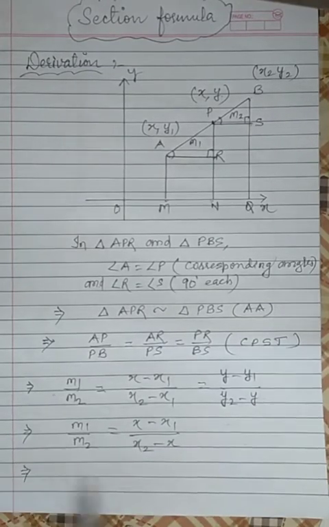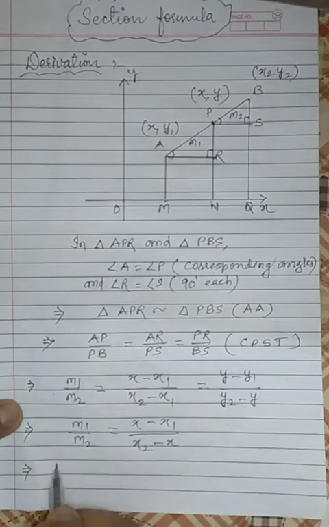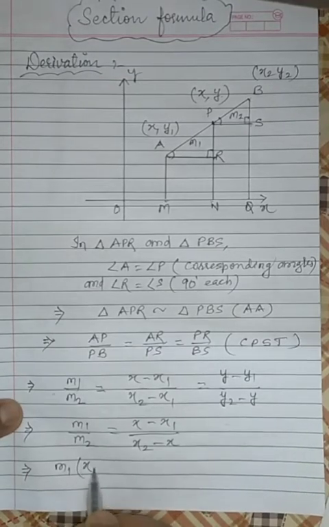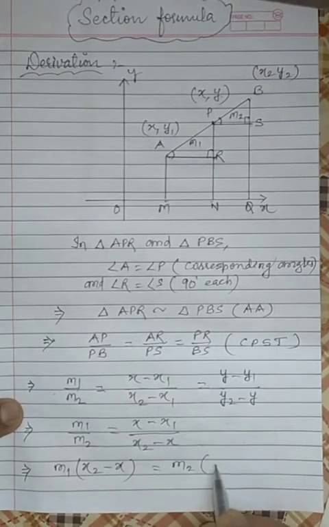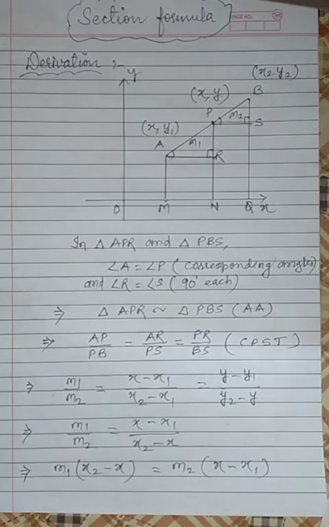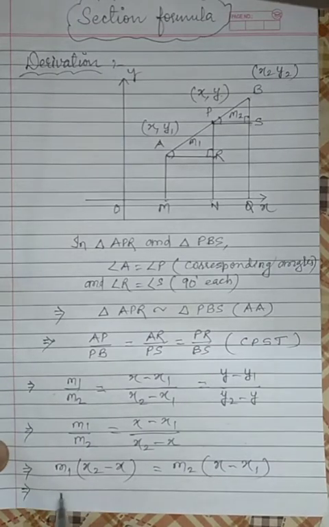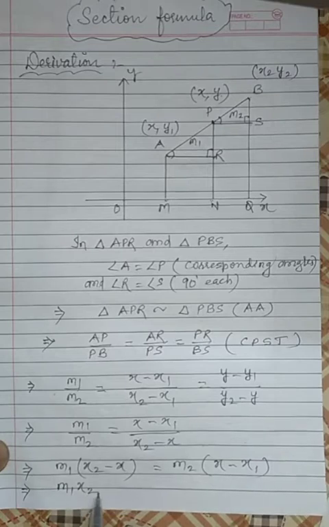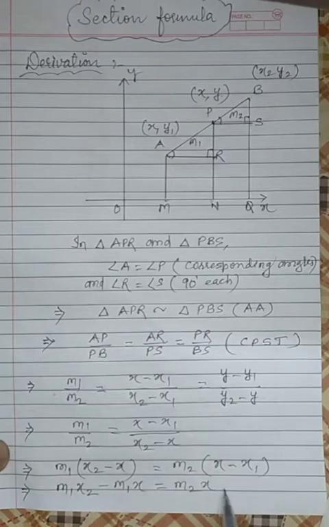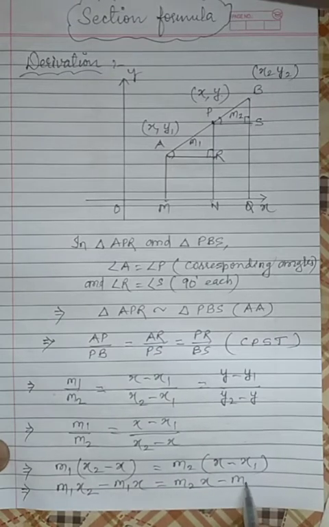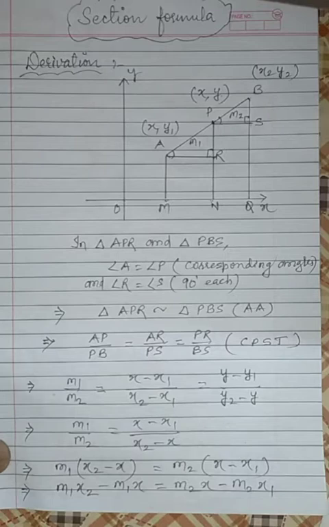So by cross multiplying, M1 into x2 minus x is equal to M2 into x minus x1. Therefore, M1 x2 minus M1 x is equal to M2 x minus M2 x1.